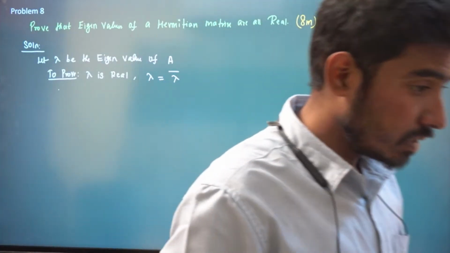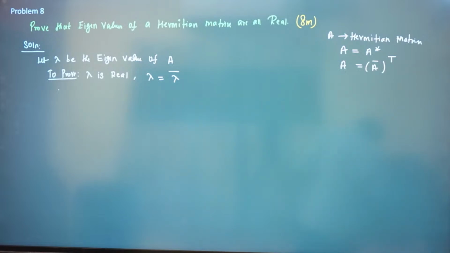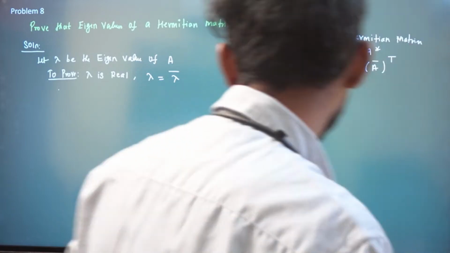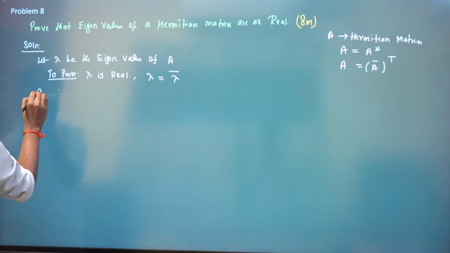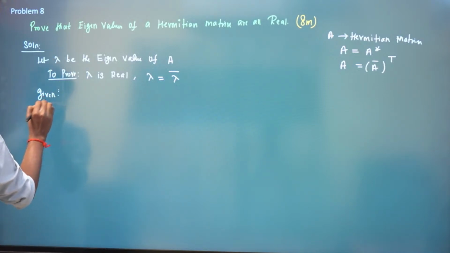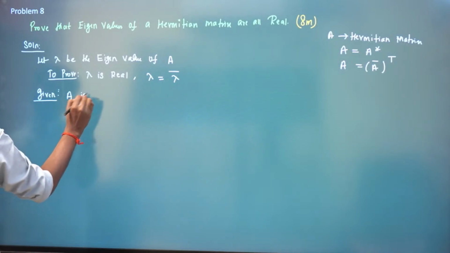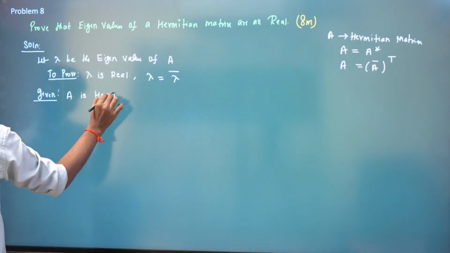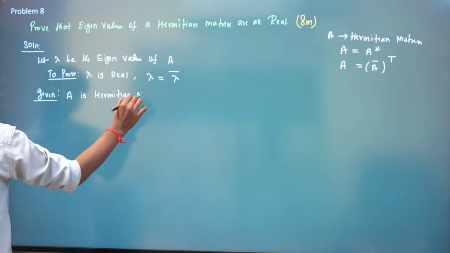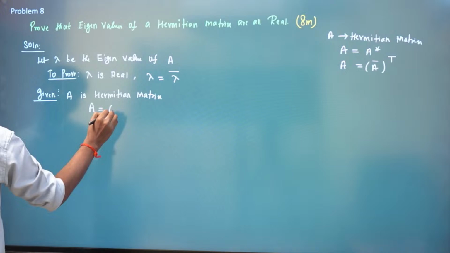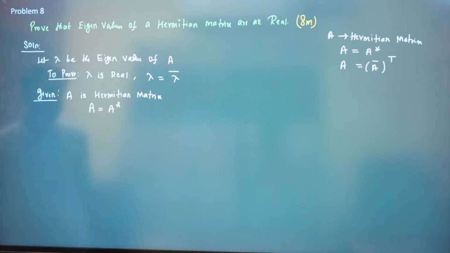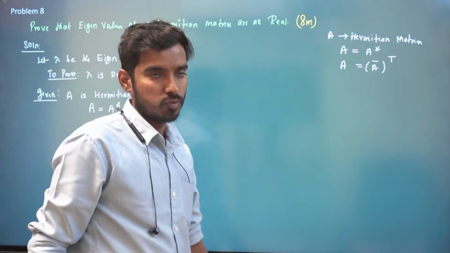Its conjugate is the same as that number. That means that number is a real number, right? Okay. What is given? Given A is a Hermitian matrix. That means A is the same as A star. What is A star? A star is A bar transpose.